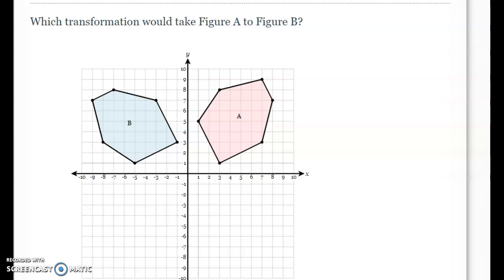Okay, so this is where that plastic plate that I suggested that you have comes into place. Like I said, it's not required. It's just a tool that can help you figure out how A gets to B and how this dot lands here, so that you can match up your dots. So if you trace on that plastic plate, hold it up to the screen and trace it, and then put the center of the plate over the origin and turn it, you'll think, okay, am I making 1 turn, 2 turns, or 3 turns?